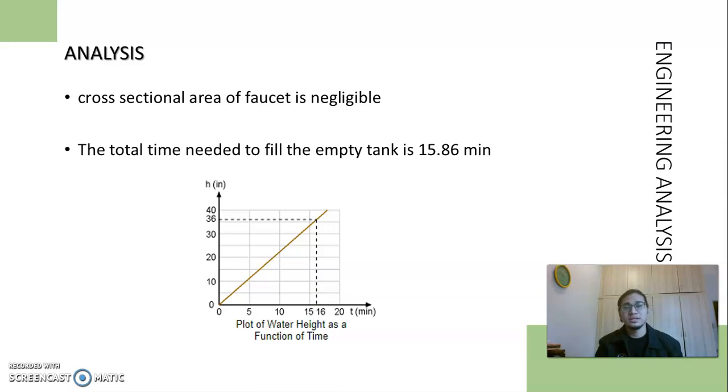As you can see here, this is the graph of water in the tank versus the time taken. It is a directly proportional graph, which means when the time increases, the water that fills the tank also increases.